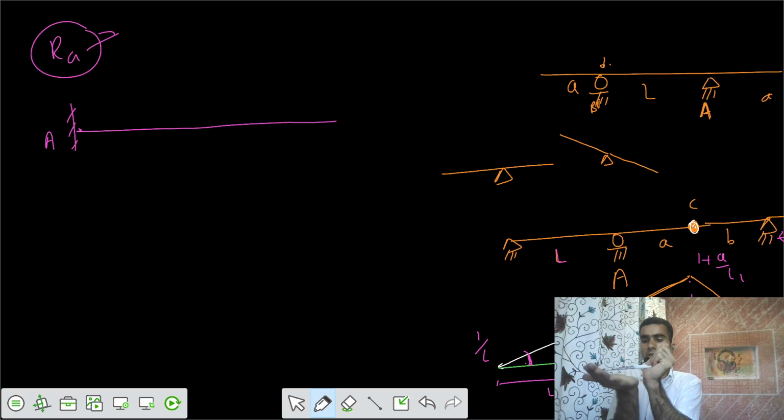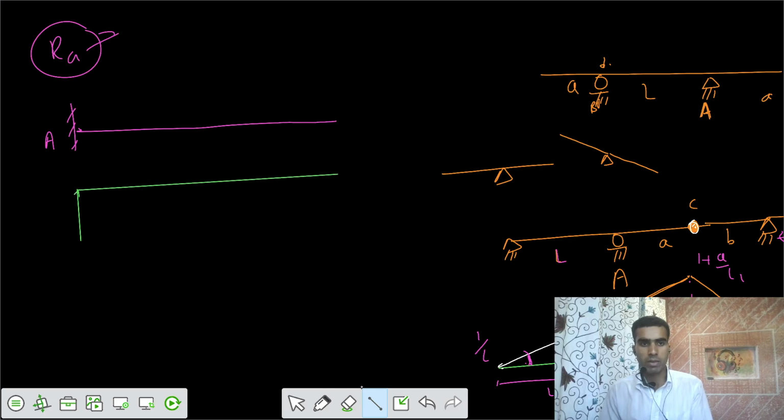Because it's freely hanging, having only one support, once you remove that support, you lift that point A by unit displacement. That means the entire beam gets lifted up by 1 unit. So if you show the profile, this would be that ILD. The entire beam gets lifted up by 1 unit.